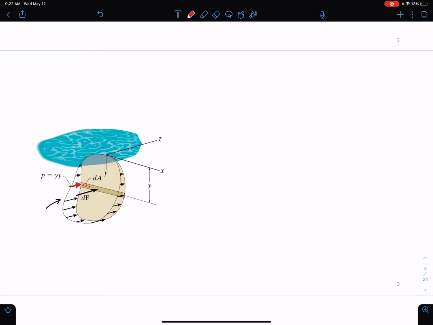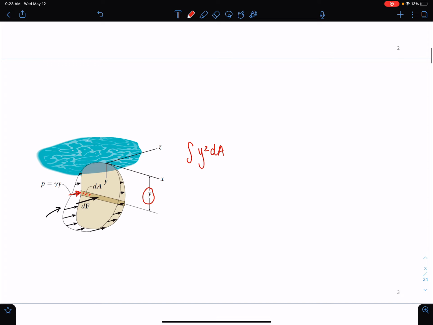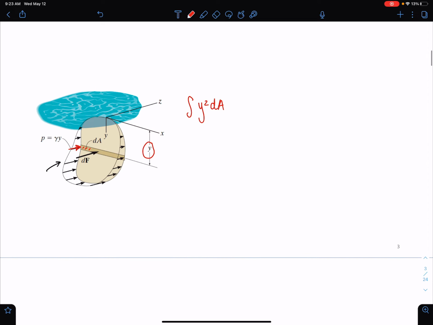And when the intensity of this load varies linearly, the calculation of the moment of the loading about an axis will involve an integral, okay? So if we want to calculate the moment of this load about some axis, we're going to have to take the integral of this distance y squared times the area, okay? So if we want to see how this works, let's look at this figure.